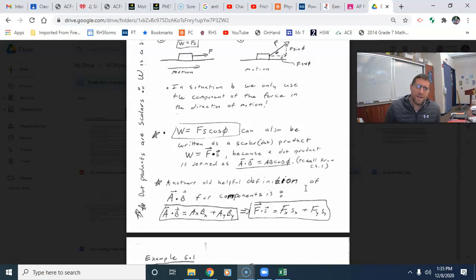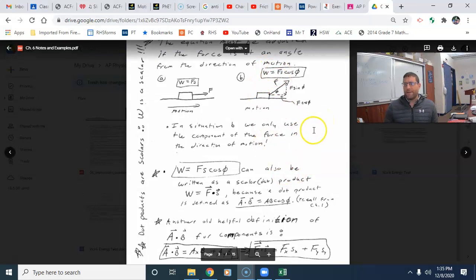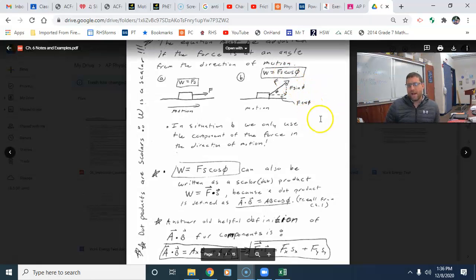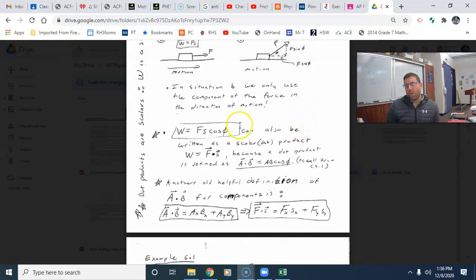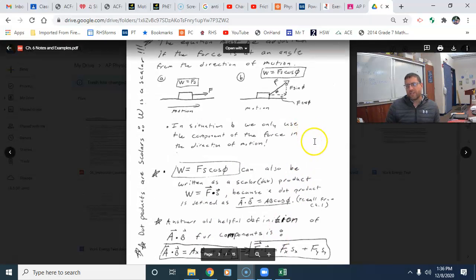So that must mean our answer is a scalar quantity, and this we have to discuss closely before we jump into any examples. Because wait a second, force is a vector. Displacement, S, is a vector. But yet when we calculate their work through this formula, through the dot product in any fashion, our answer is a scalar.